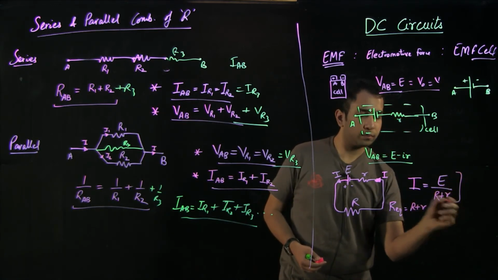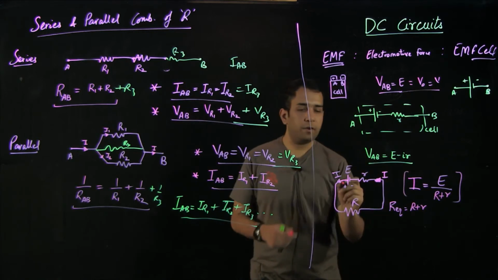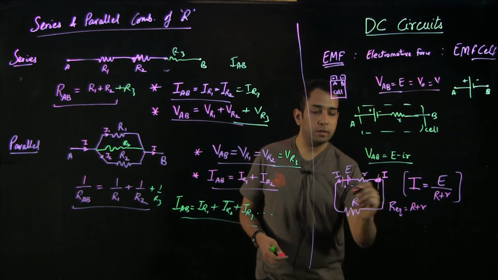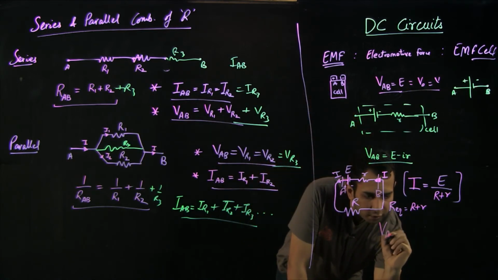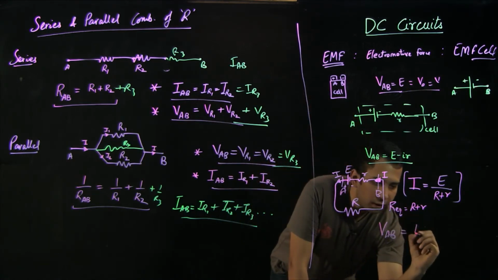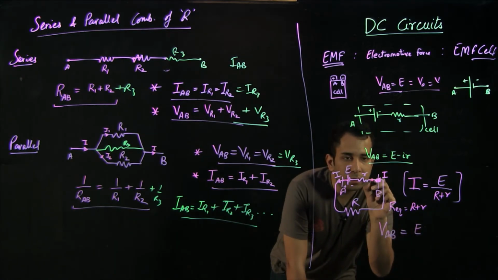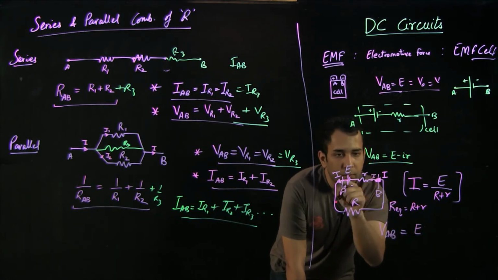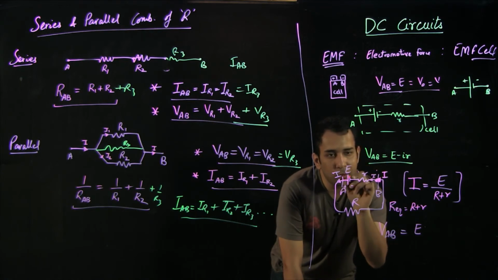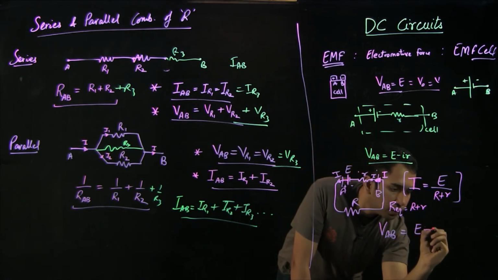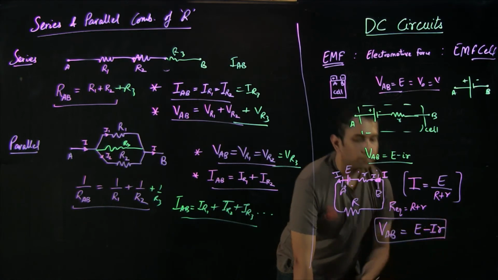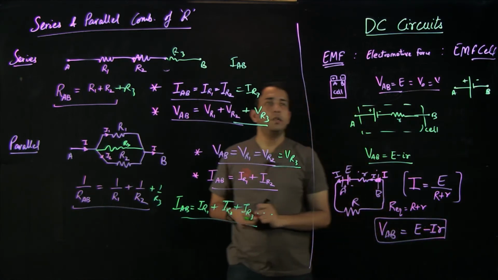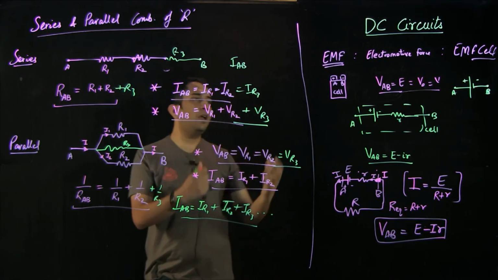Now, if I am focusing only on this portion, A and B, and I want to write V_AB, I can see that it's E, and because of I, there is a potential drop, because this is high and this is low, but then it's a gain. So I can write V_AB, where I equals this. So this is how we deal with an EMF cell.